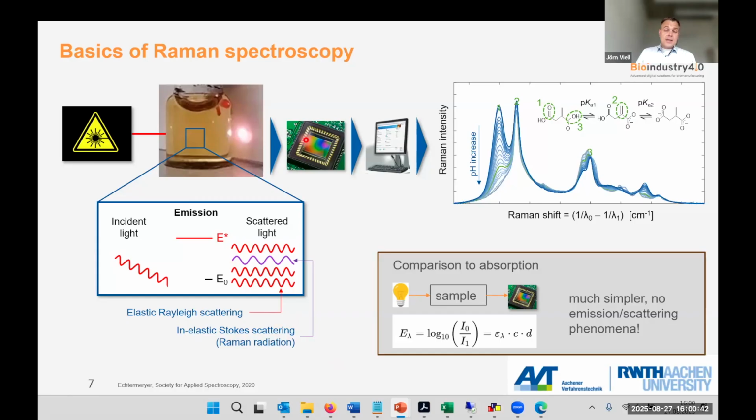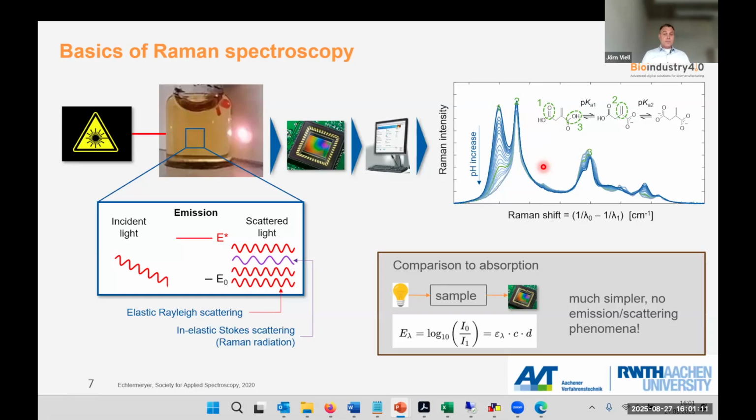It needs to be caught by a detector, then processed by computers, and then gives us these lovely Raman spectra where we can follow, for instance, the decarboxylation, or in this case, the dissociation of acids. And that's then the objective of the quantification, to come up with some relevant figures.